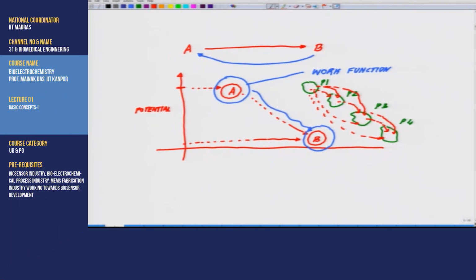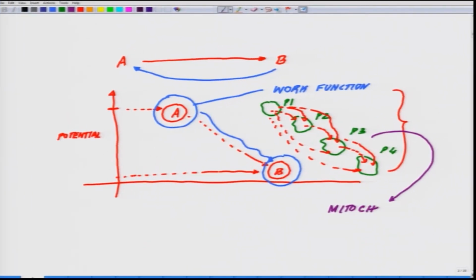Okay. So, there are several examples in biological systems, especially these examples are widely seen in mitochondria and chloroplast, where you see the electron transport chains.